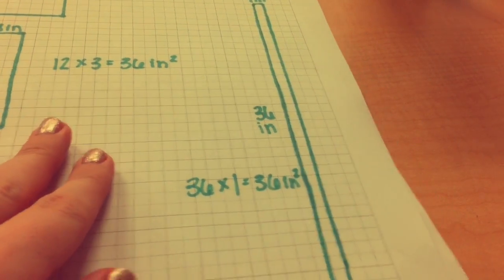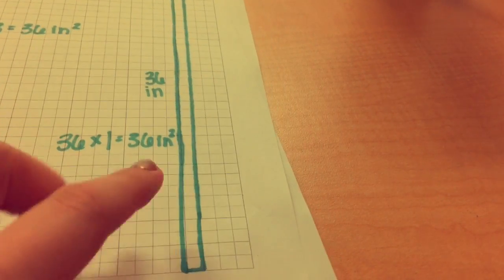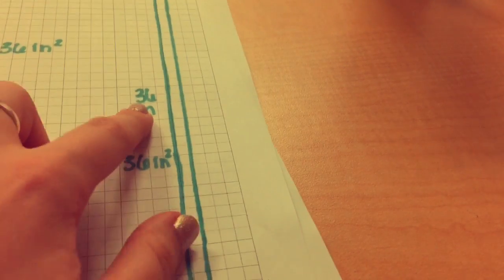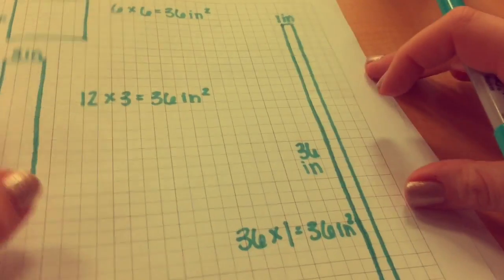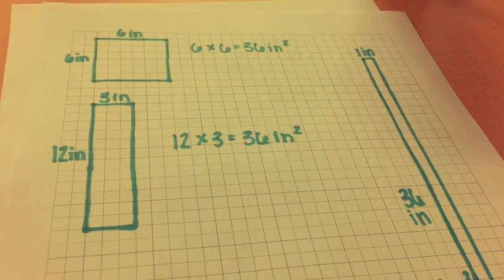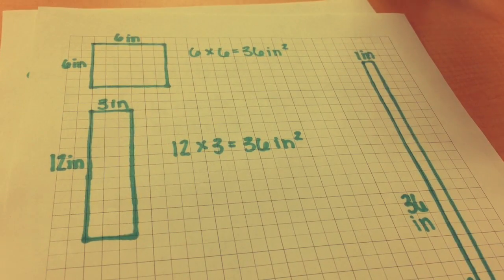And one last way you could get an area of 36 is to have 36 inches long and 1 inch wide. So any of those 3 ways are going to get you an area of 36 inches squared. Now, I need to find a perimeter that is less than 26 inches because Tina's picture has the same area but a smaller perimeter. So let's find the perimeter of each of these shapes.